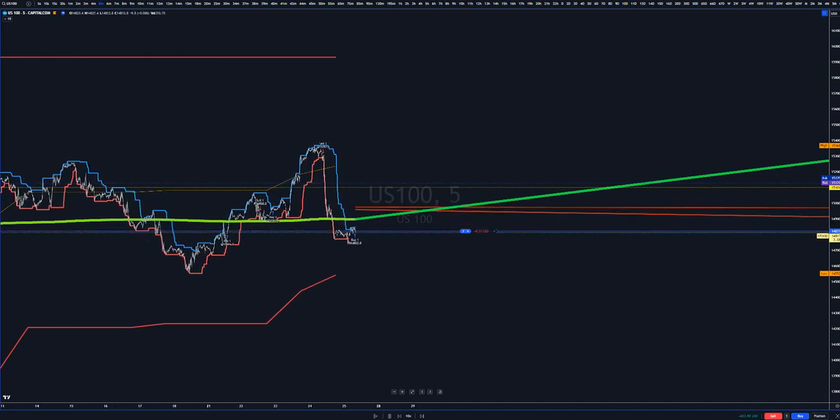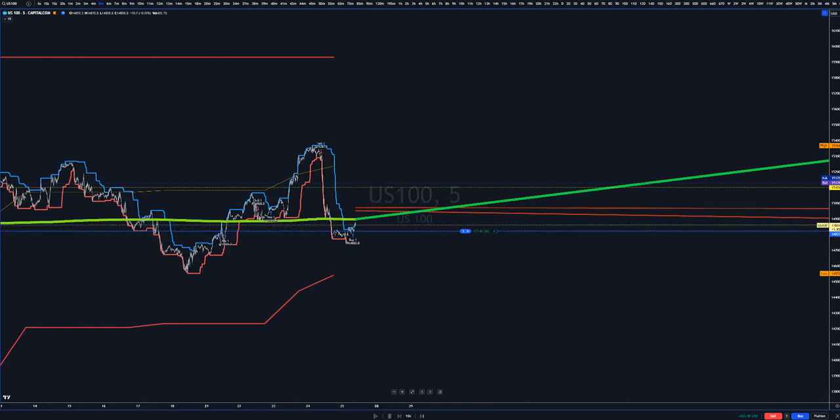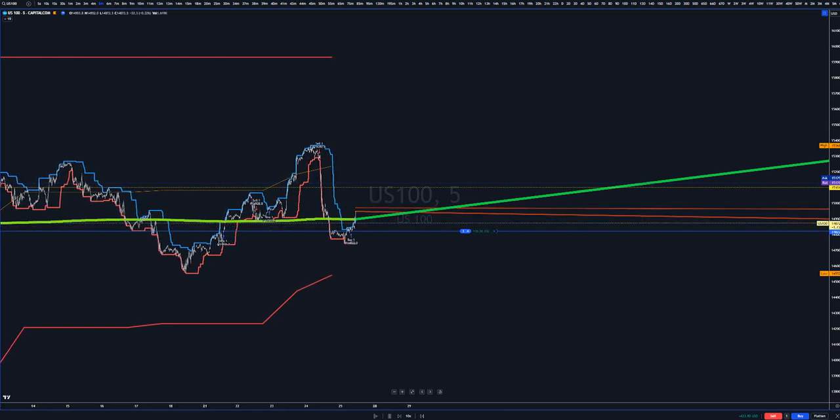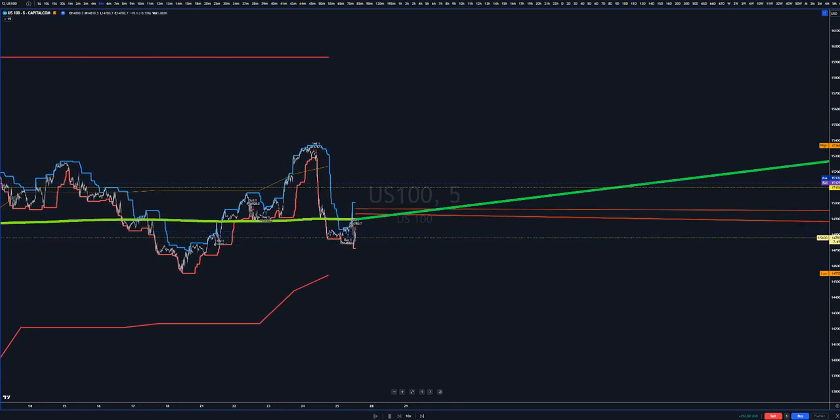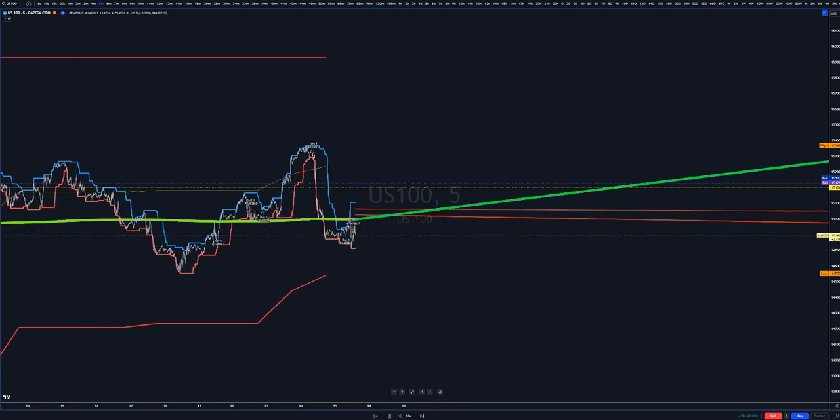Now we take also this signal. And we get stopped out. We wait.